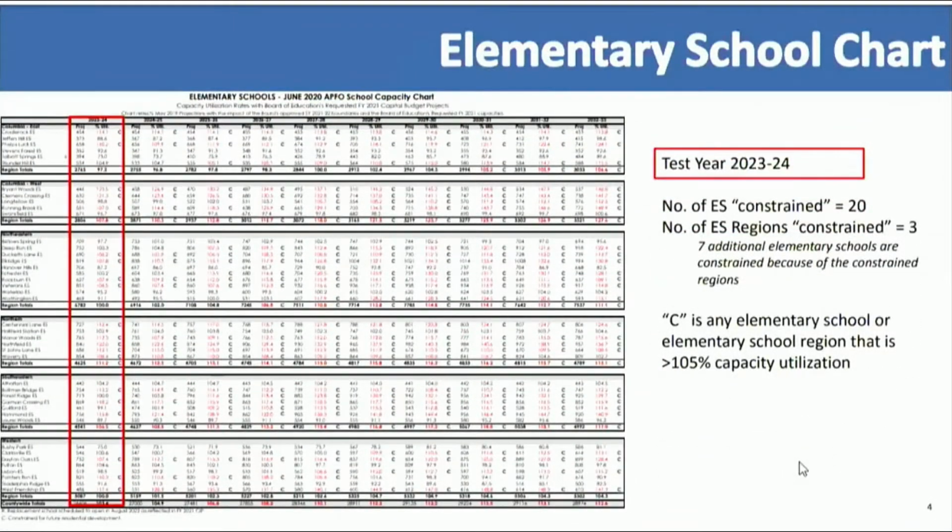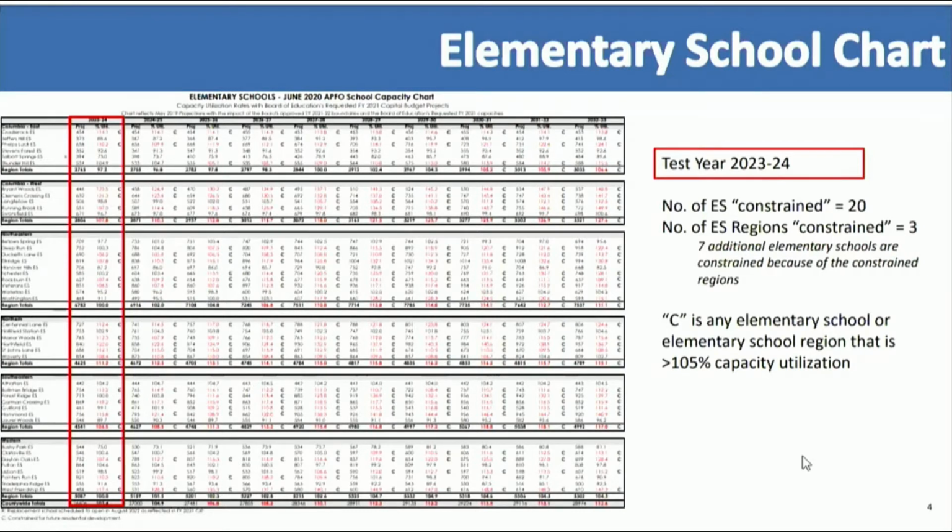Above you is the 2020 elementary school capacities chart. This is the first page of attachment 2. The test year for this chart and all subsequent charts is 2023-2024 and reflects capacity utilization rates with the Board of Education requested FY 2021 capital budget projects, the spring 2019 projections that are adjusted for the board approved school year 2020-2021 boundaries, and the board requested FY 2021 capacities.